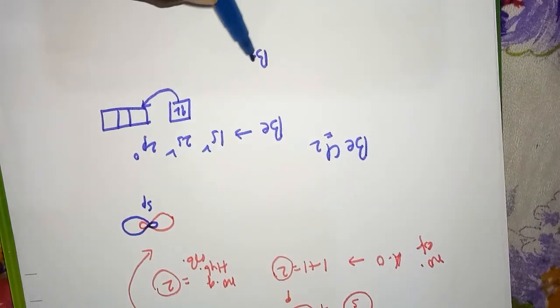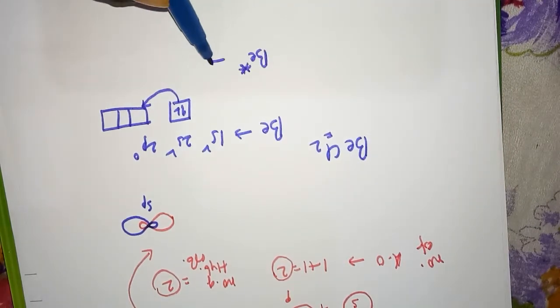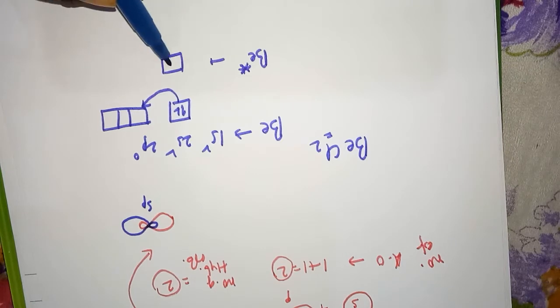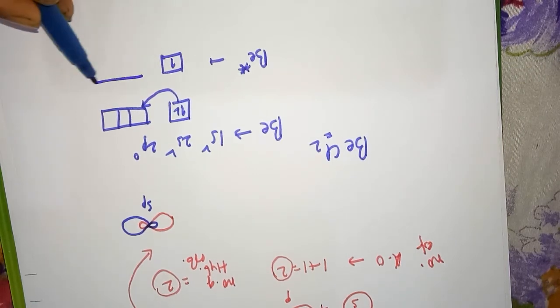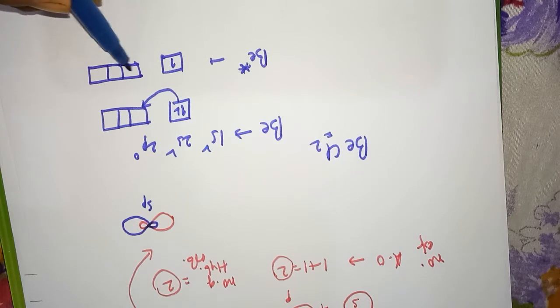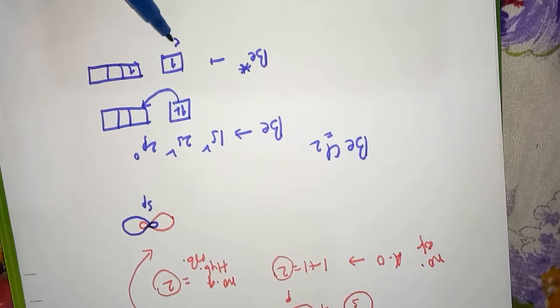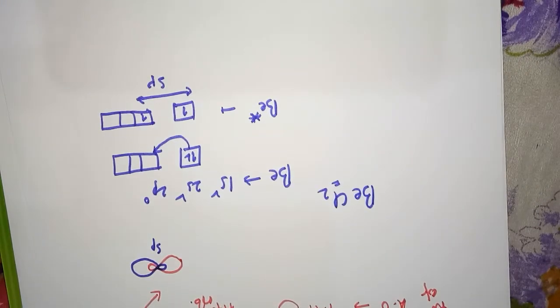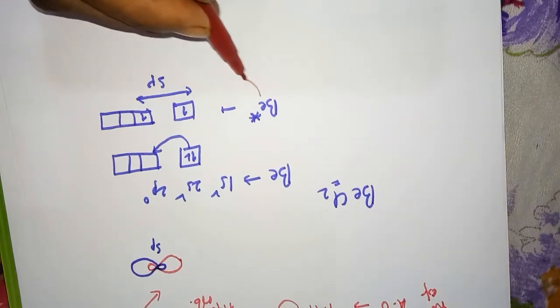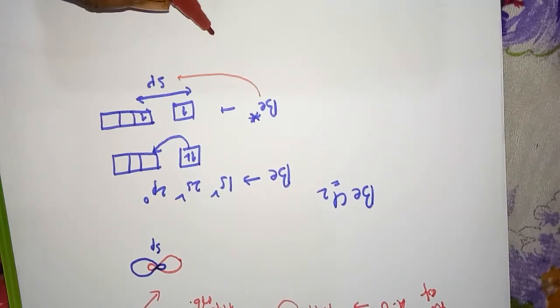When you do promotion you have to write beryllium star, meaning excited state. 2 electrons are there, so this hybridization will be sp hybridization. Now beryllium undergoes sp hybridization, and for sp hybridization you have to draw 2 orbitals like that.